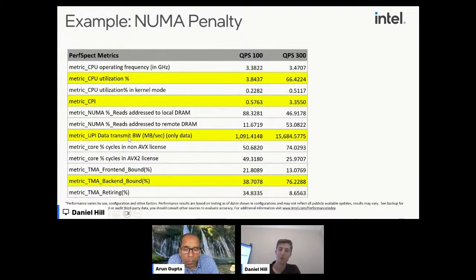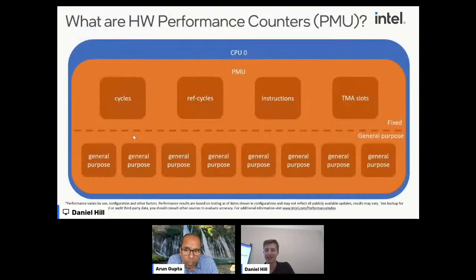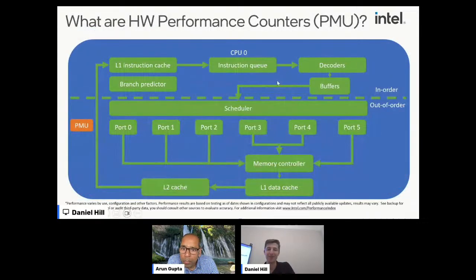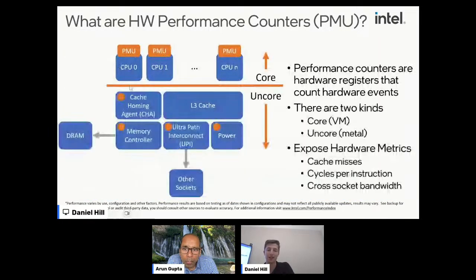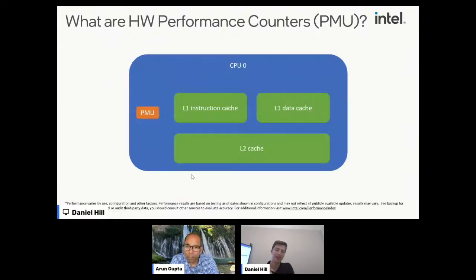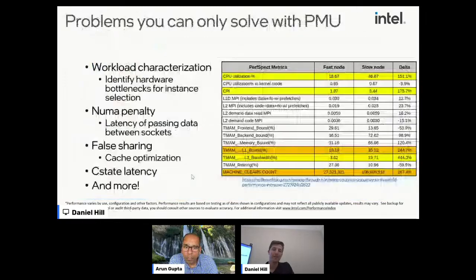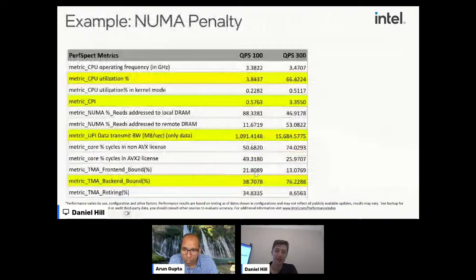And so the culprit for that was this UPI. And UPI, if you remember from the earlier diagram, I'm going to jump way back here. So we weren't able to load things in as fast as we wanted. And if you look back here, UPI is this Ultra Path Interconnect, which is that piece of your hardware that's connecting you to the other socket. So that UPI, a whole bunch of data is jumping back and forth between these two CPUs.